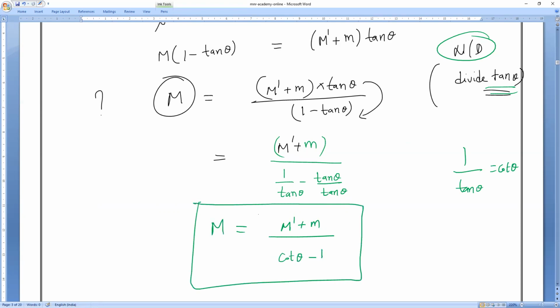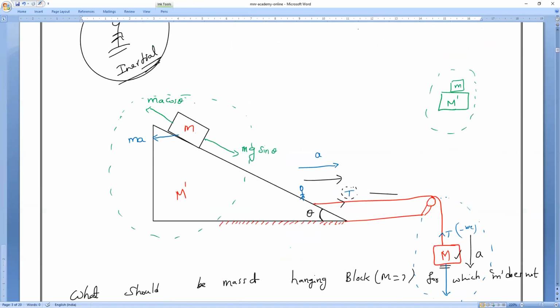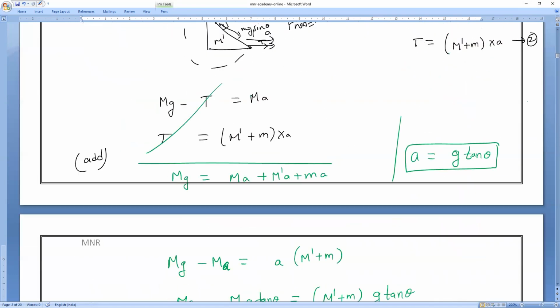So if capital M is equal to (M dash plus m) divided by (cot theta minus 1), then the small m will never slide over the capital M dash, and they will both go together with the acceleration A. Do you all understand how tough it is? If you have proper imagination and skill, it is easy. So that is how we have to find it.